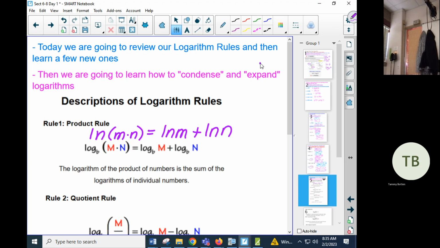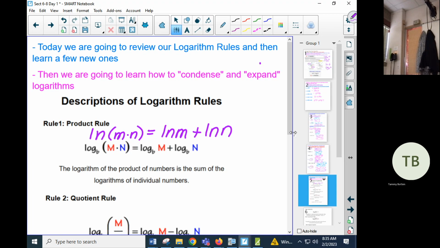So when I'm doing log base b of m times n, remember to expand that. When it's multiplying, we add. And then today we're going the other way where they'll have it added and we want to condense them down. So what happens if they're added, to switch it, you put it as multiply.